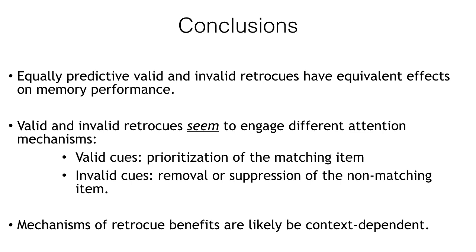Valid and invalid retro cues seem to engage different attentional mechanisms. During valid cues, we see more of the prioritization of the matching item, and for invalid cues, we see a lot more of the removal or suppression of the irrelevant item. Therefore, we can conclude that mechanisms of retro cue benefits are likely to be context dependent.